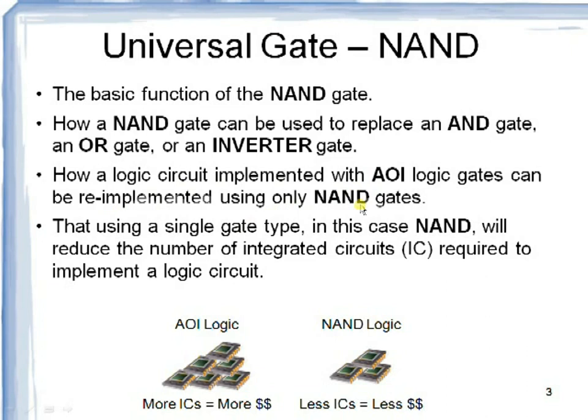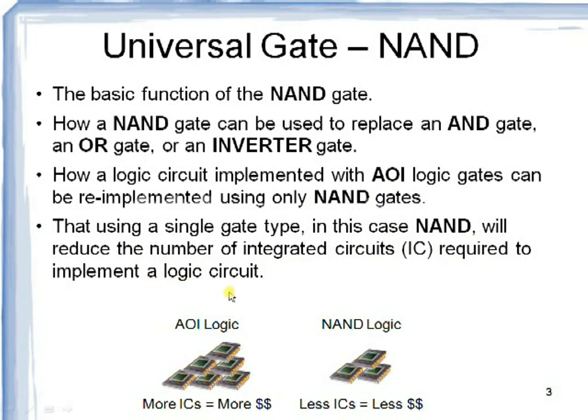So if we have a Boolean expression, we would implement it with the help of AND, OR and inverter. But now we are going to implement the same Boolean expression only with the help of NAND gates. Using a single gate type, in this case NAND, will reduce the number of ICs required to implement a logic circuit.